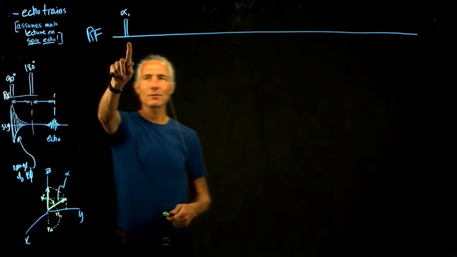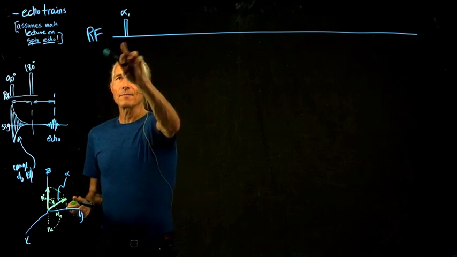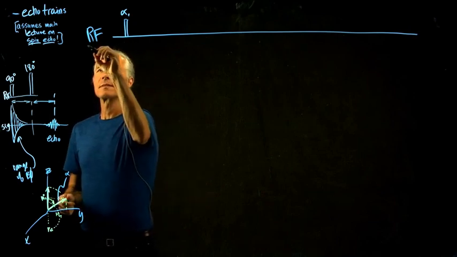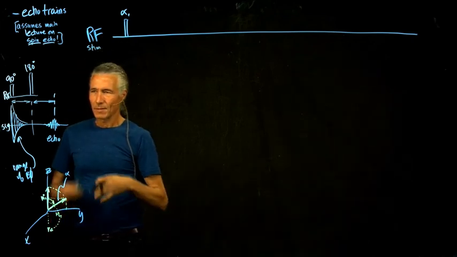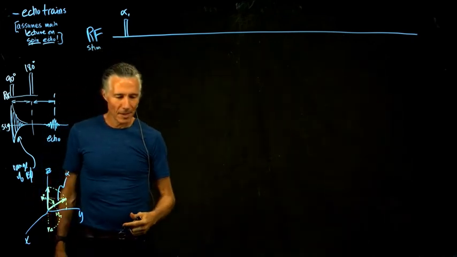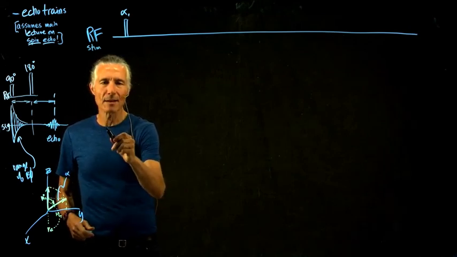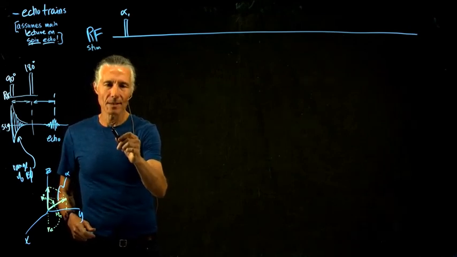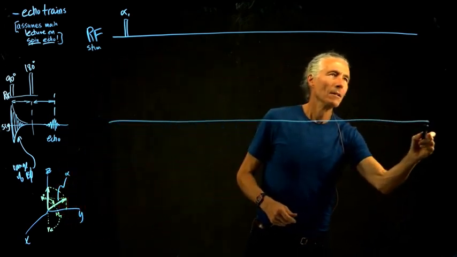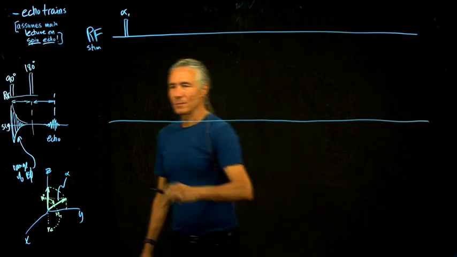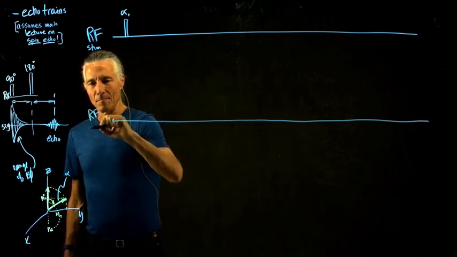Okay, so here's that pulse. That's the RF, and this is RF stim. We're doing RF to the sample, and then our response is down here. So here's the RF response. This is our F record.